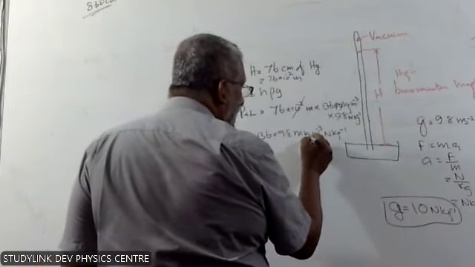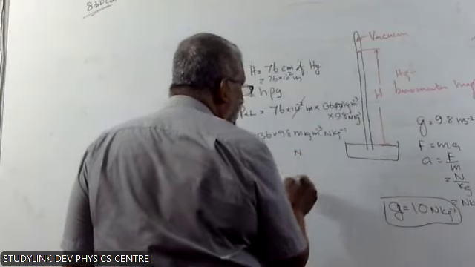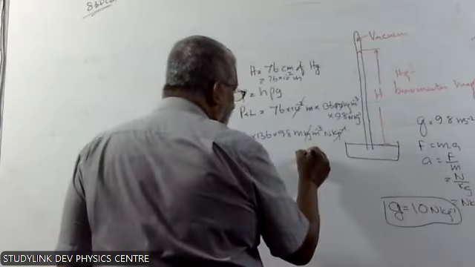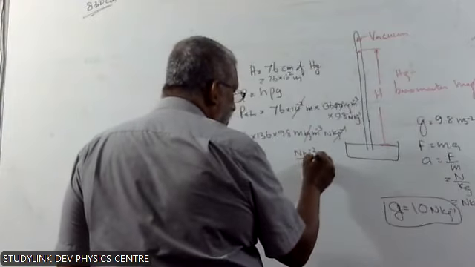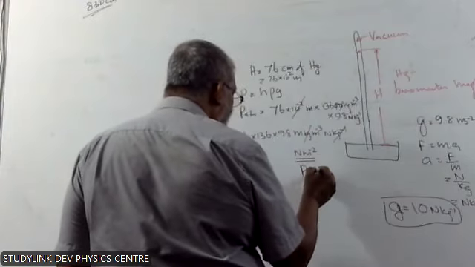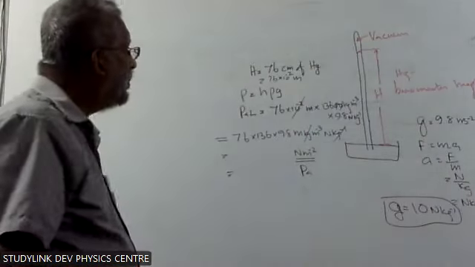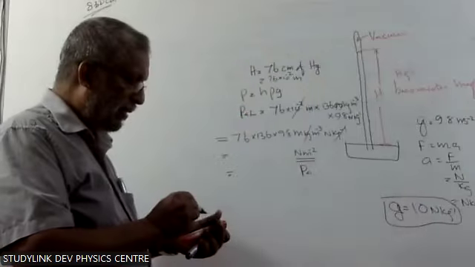The kg minus 1 cancels off, leaving N m minus 2. This is pressure, or Pascal. This is how you get the atmospheric pressure.